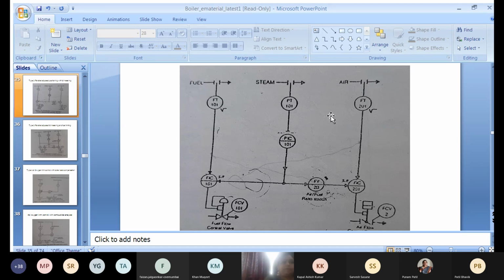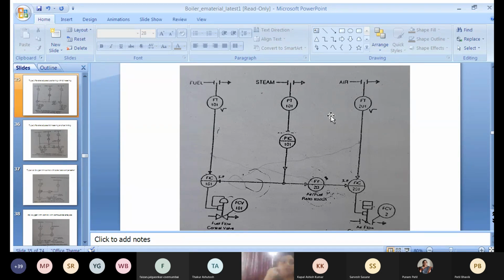Only for flow measurement you need square root extractor because the relation is Q proportional to under root of delta P. If you remember the quantitative flow Q, it is not a proportional relation with delta P. It is Q proportional to under root of delta P. So वो जो under root है delta P पे, you need to extract that square.